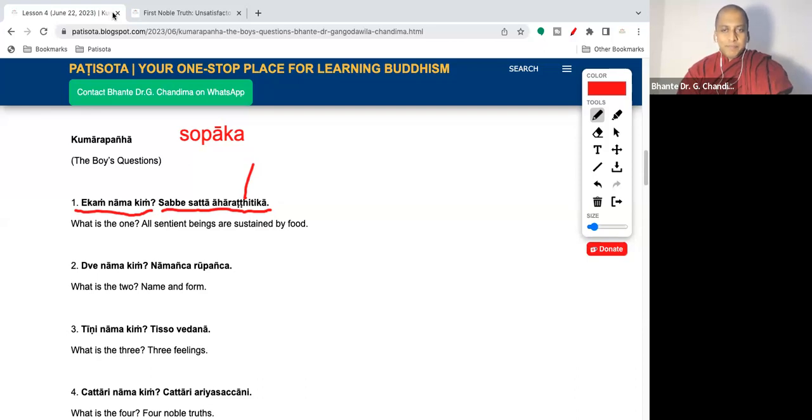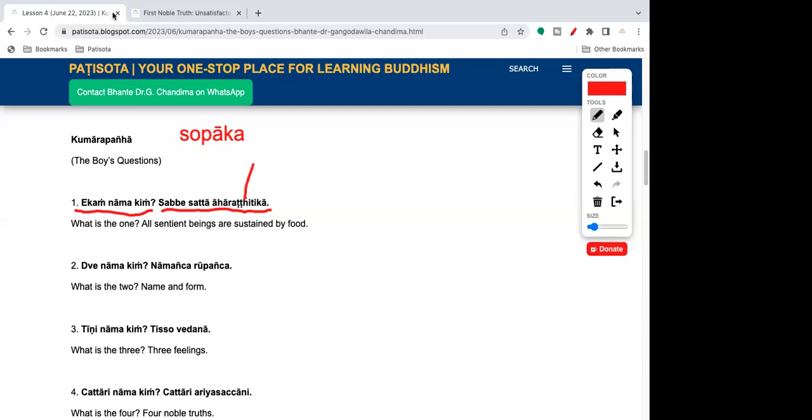Group 3. Somebody in group 3. Group 4. Bhante, I'd like to try. Okay. Ekam nama kim sabe sata ahara titika. Great. Group 5.